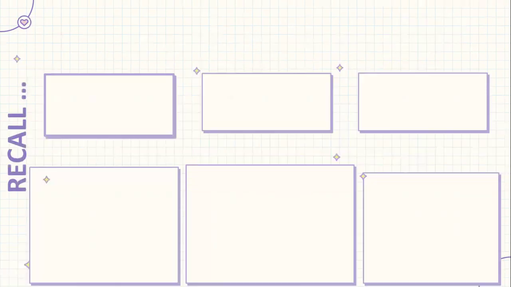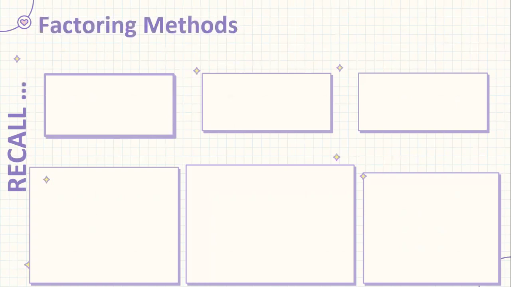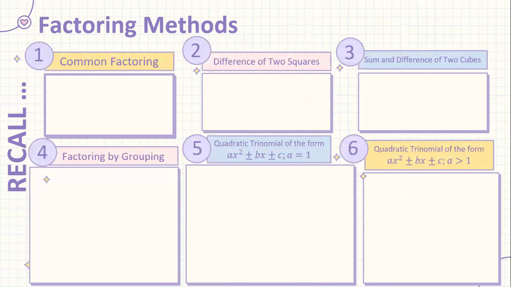So, a recall: in factoring, we have different ways to factor an equation or expression. First, we have common factoring. Second is the difference of two squares. The third one is the sum and difference of two cubes. Fourth is factoring by grouping.